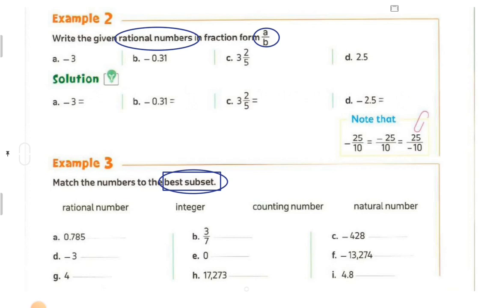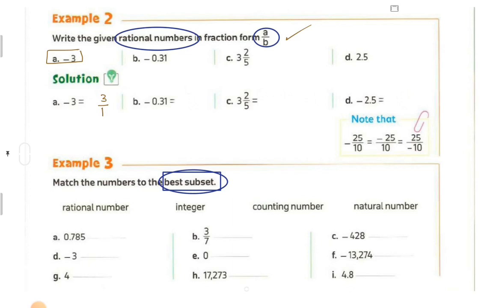Example number 2. Write the given rational numbers in fraction form. I need to write all these rational numbers in that fraction form. Okay, let's see. First we have negative 3. Any number, I can write as a fraction with 1 in its denominator, like 3 over 1.